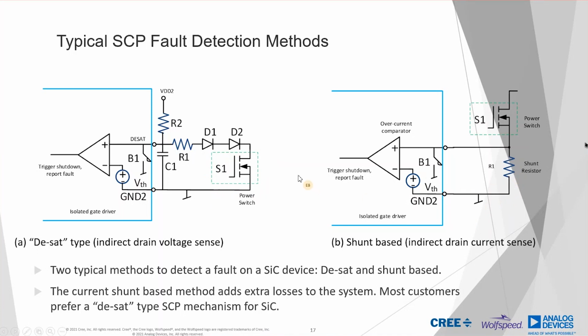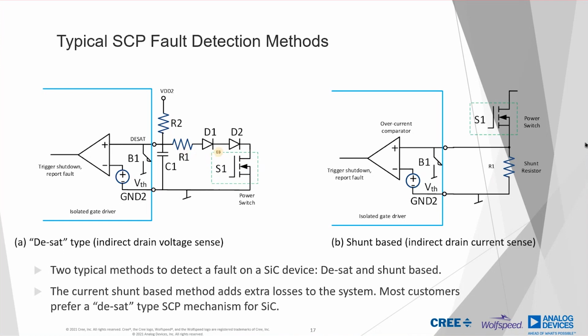The desaturation style short circuit protection again has a blanking switch to prevent false positives when the switch is off or is in the process of turning on. Once the switch is released, the sense node, basically right here, increases in voltage by charging the capacitor C1 through R2 and/or a current source that's present inside the gate driver. This basically continues until this voltage is large enough to forward bias these diodes above the drain source voltage of the switch.